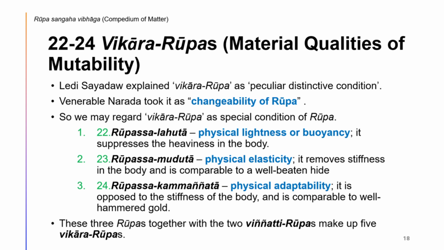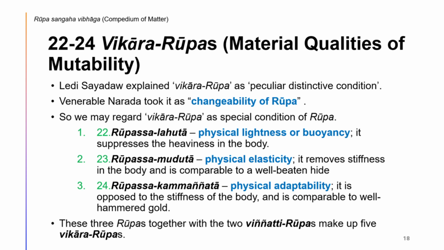And then the next one, Rupasa Kammannata, physical adaptability. It is opposed to the stiffness of the body and is comparable to well-hammered gold. It's like gold, you can bend it to any shape. Similarly, we have this capability.